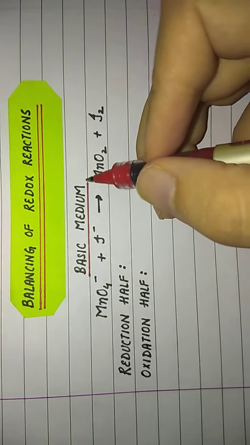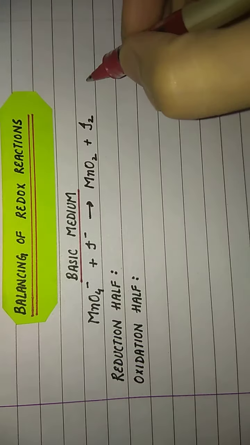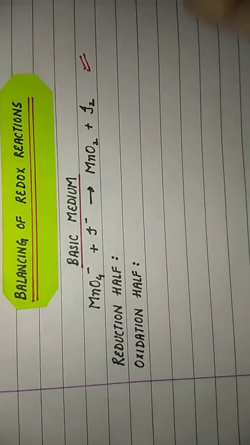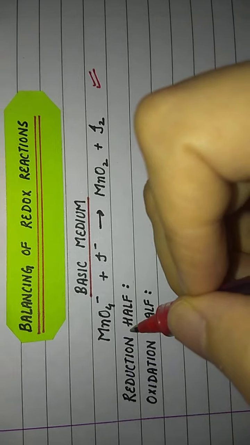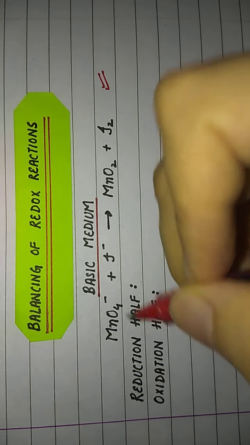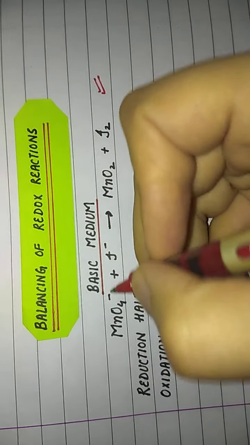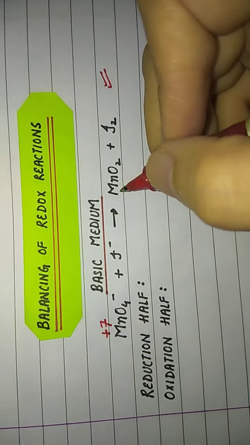Now, balancing of redox reactions in basic medium. This is the equation that I have taken as the example. Let us quickly divide it into reduction half and oxidation half. First of all, how will I find out which is my oxidation half and which is my reduction half? Let us calculate the oxidation states. In the permanganate ion, manganese has an oxidation state of +7.